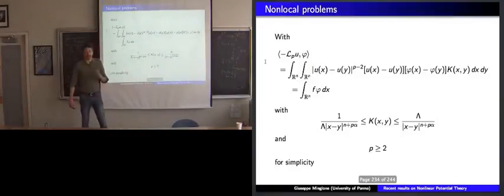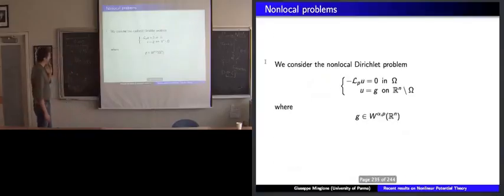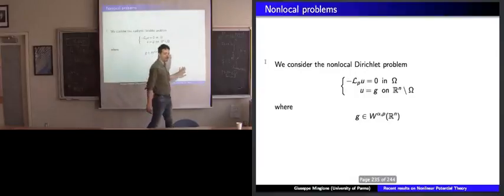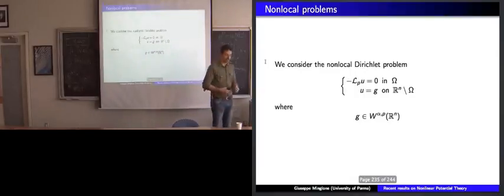I will consider the case p larger or equal than 2. And I will consider non-local Dirichlet problems, and as is common in these cases, since the problem is non-local, there's a problem in defining the boundary values, and therefore you have to prescribe the boundary values all over the remaining part of the domain.